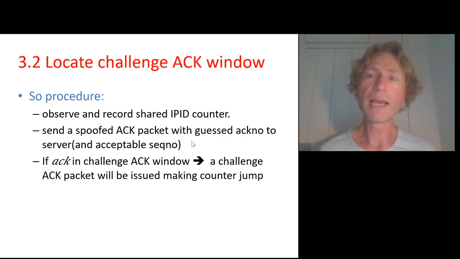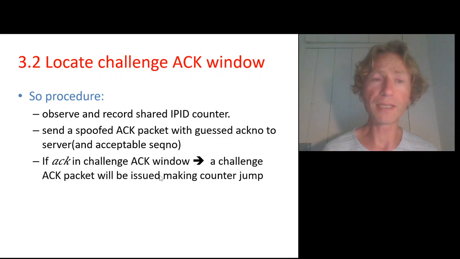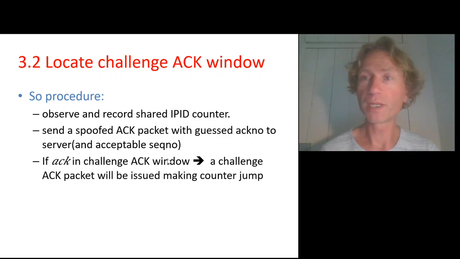Okay, we send that, and then we again look at what happens to the IP identifier. If the ACK was in the challenge ACK window, so in the red chunk that we saw in the picture, then a challenge ACK packet will be issued, and that will make the IP identifier counter jump. So we can measure that again.